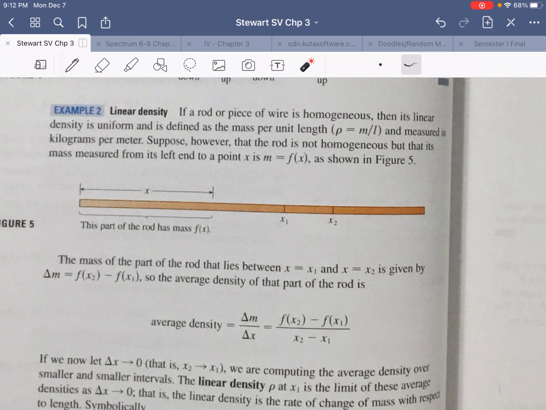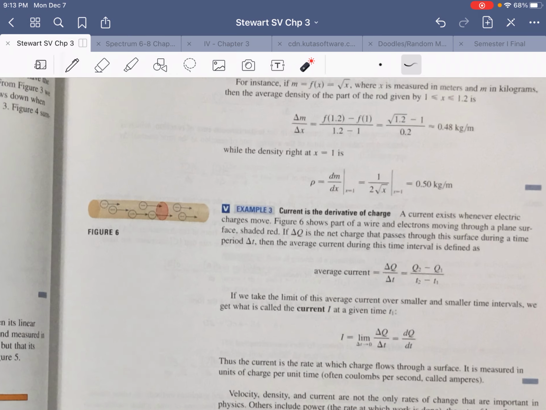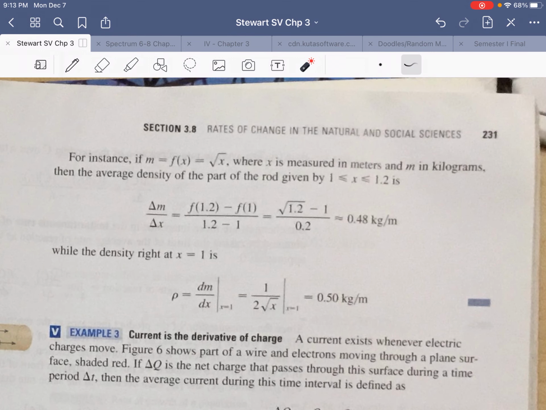There's a few different ways you can think about this. But what they're usually going to do with this type of problem is give you some sort of mass as a function of where in the rod you are.